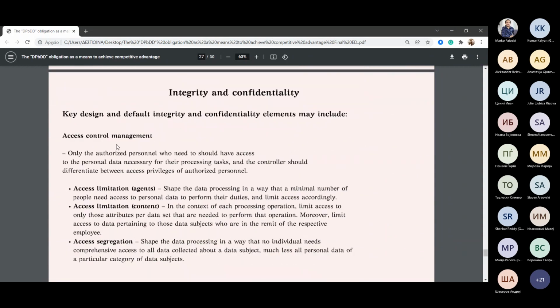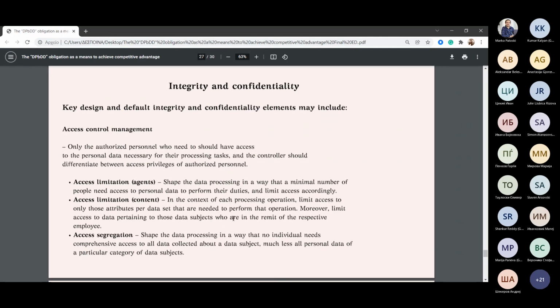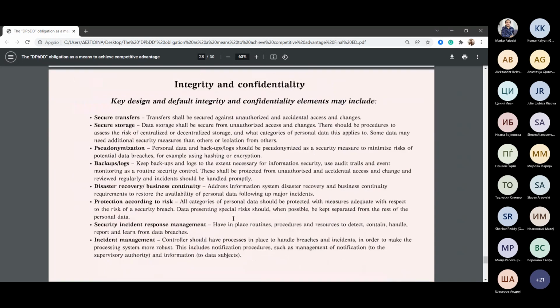We need access control management, access limitation in terms of agents and in terms of the content, and shape the data processing in a way that no individual needs comprehensive access to all data collected about the data subjects, in order to avoid profiling of the individual.